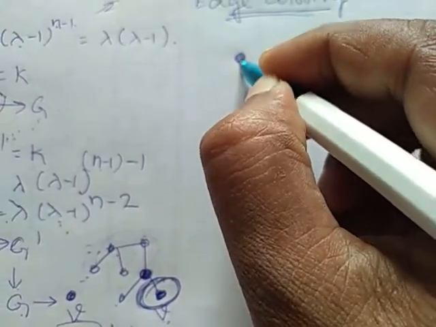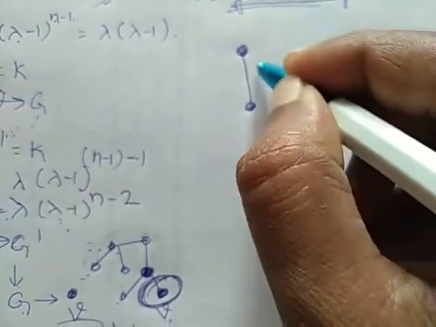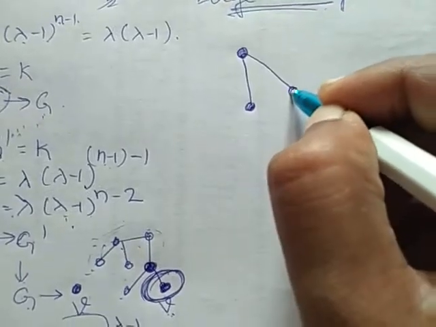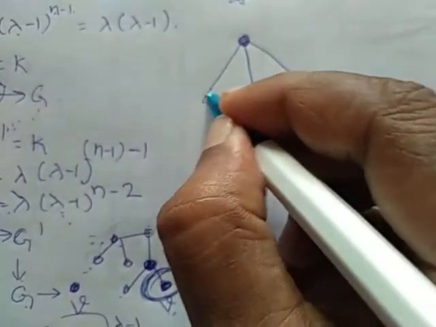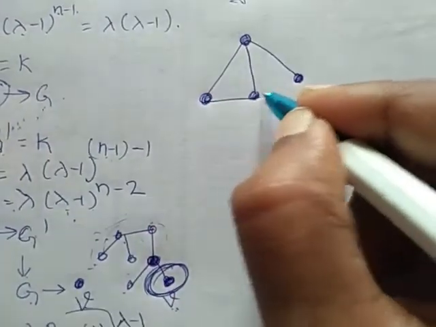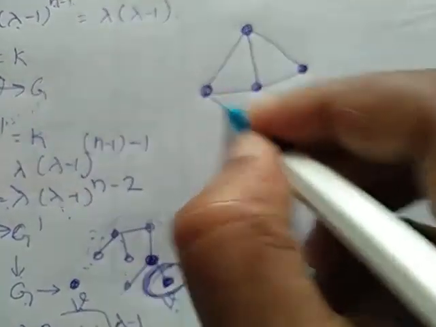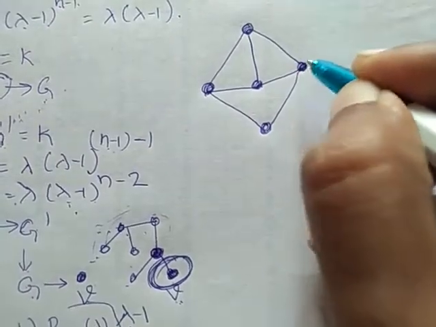In vertex coloring, adjacent vertices should not share the same color. Now we are not going to color the vertices, but we are going to color the edges. Suppose I am having this graph.